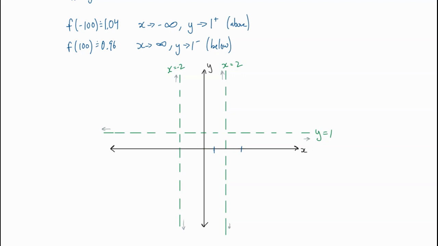Now we can put the pieces together. So nothing funny happening with this one. Just goes like that. Again, these two make sense because we're crossing the y-axis to get the y-intercept and crossing the x-axis to do an x-intercept.